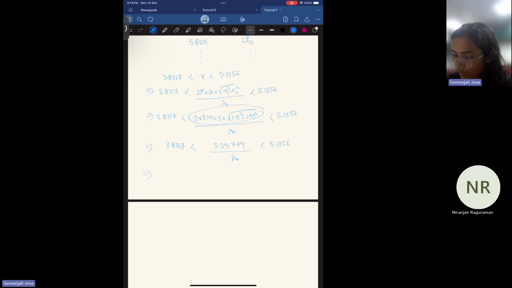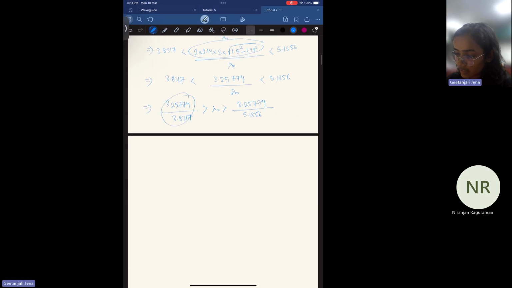So lambda 0 will be 3.25774 over 3.8317, it should be greater than lambda 0, and lambda 0 is greater than 3.25774 over 5.1356.